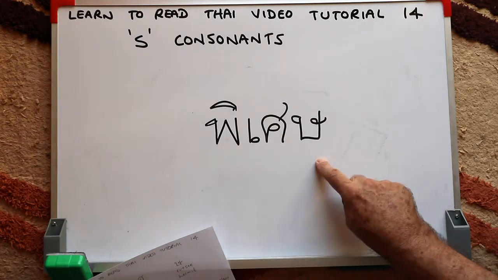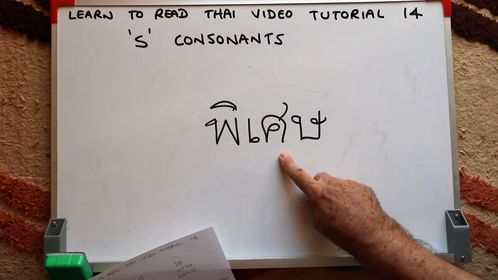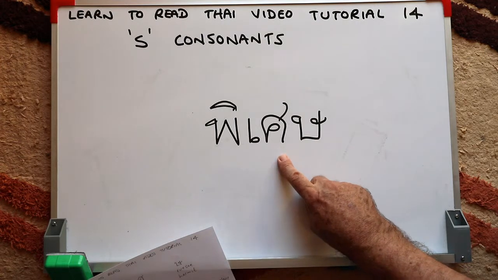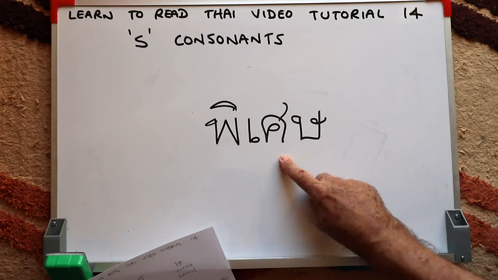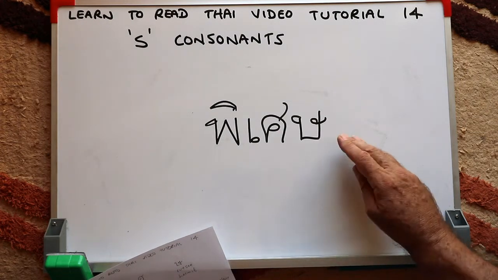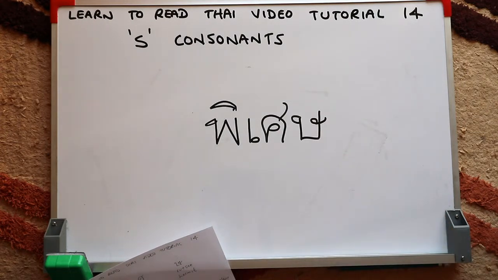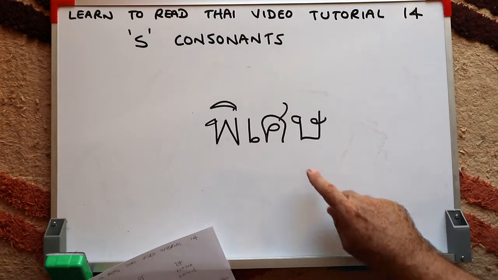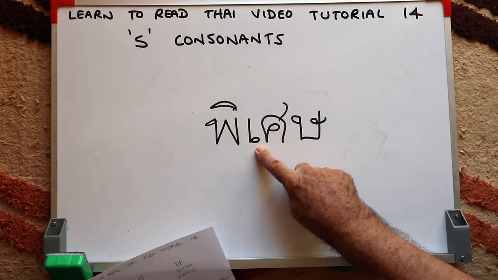And the second syllable, we've got a high class initial consonant. It ends in a T sound, so it's dead again. Remember from the tone rule tutorial, any syllable that ends with P, K or T sound is dead. But this is actually a long vowel.